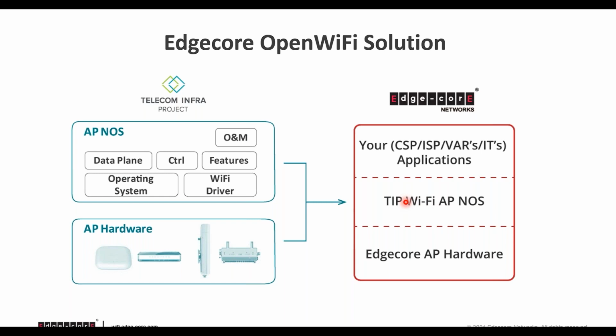So it is not native from the TIP directly. So if a customer, such as an MSP or service provider, thinks these features are not enough, then Edgecore can help them develop more applications to run on top of the TIP software, so you can serve that to this customer space.